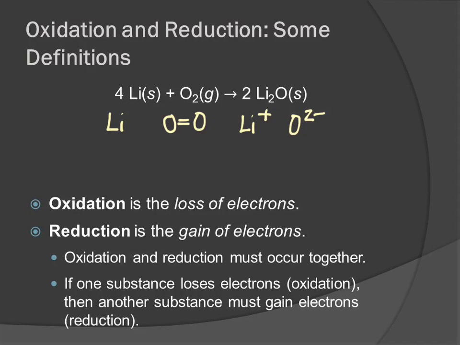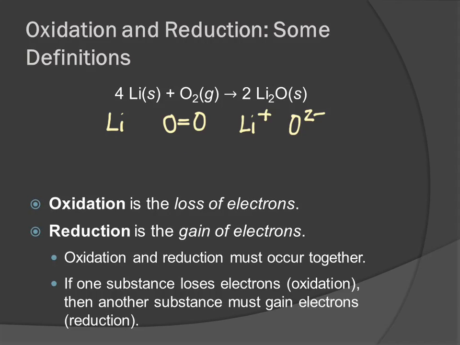How does an atom turn into an ion? Gaining or losing electrons. So if we look at lithium, which we understood by its reaction with oxygen to have oxidized, did lithium gain or lose electrons to become Li+?